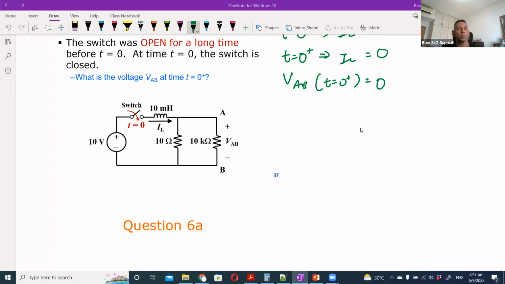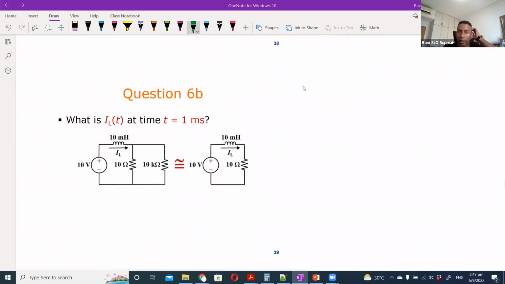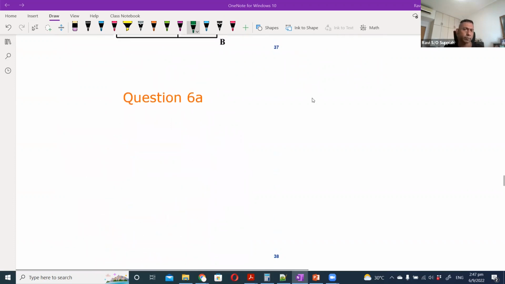In this case, the supply is pointed this way, which means the current will flow this way. So the next part is asking what's the current at time t equals 1 millisecond.